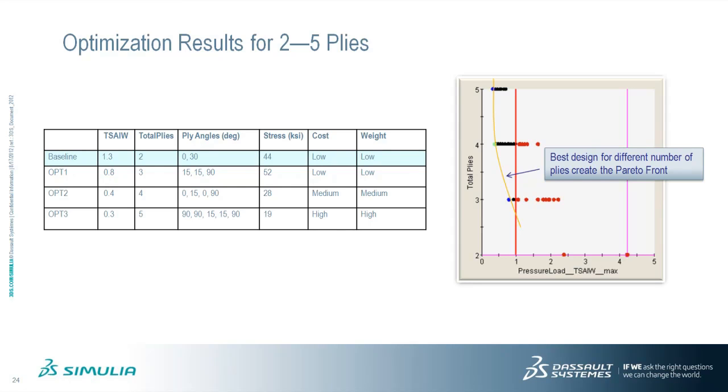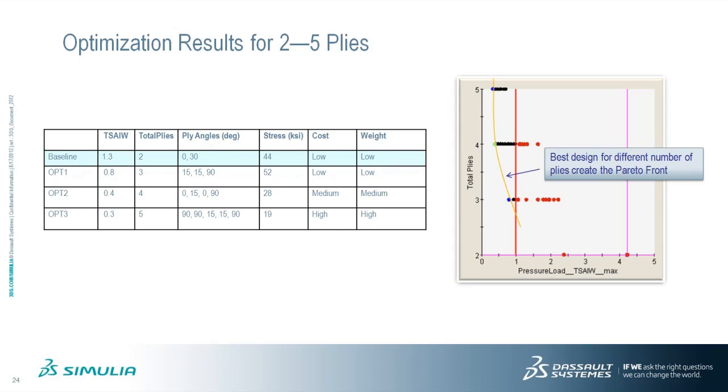So again, anything under 1 is a passing design. On the vertical axis, we have our total number of plies. And what we can see is for 2 plies, there's no designs that were passing. For 3 plies, there's a lot of designs that failed, but we have a couple of passing designs. 4 plies and then 5 plies, all the designs were passing.